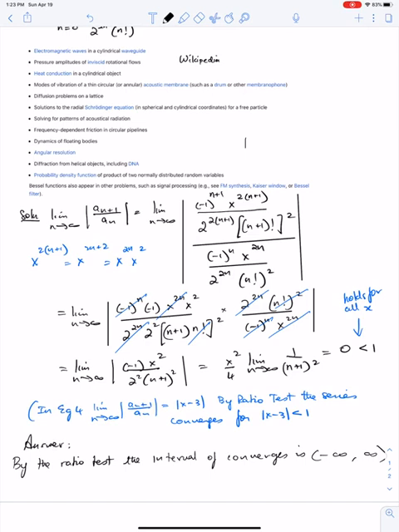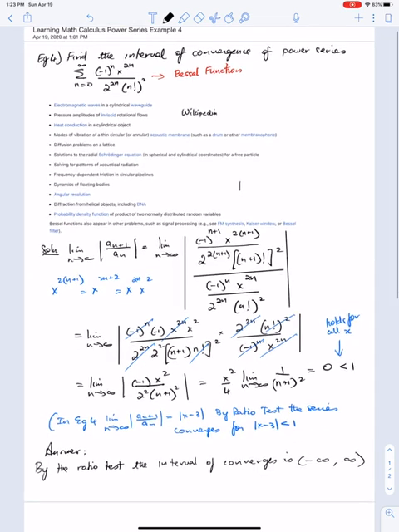All right, so let's quickly review it. This is the Bessel function. It's an infinite power series. And these are all the fancy applications of this function, why you would need to learn it, straight from Wikipedia. So we use the ratio test. We compute the limit as n tends to infinity of the absolute value of a_(n+1) over a_n.